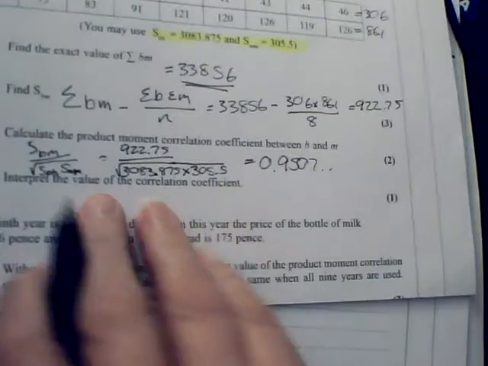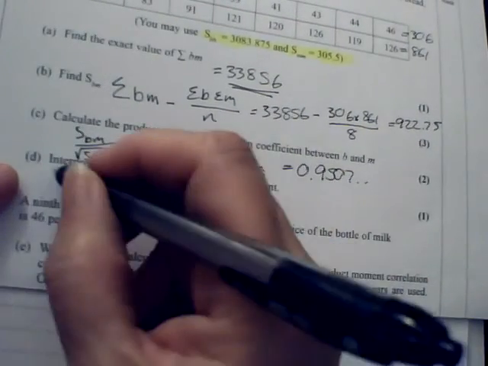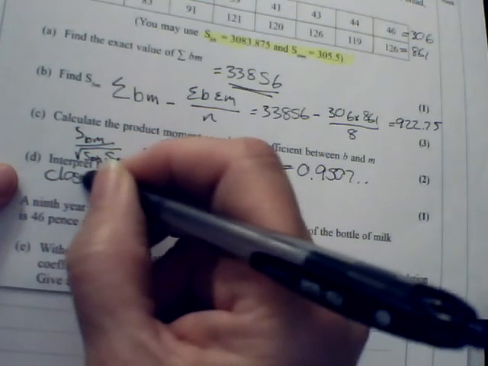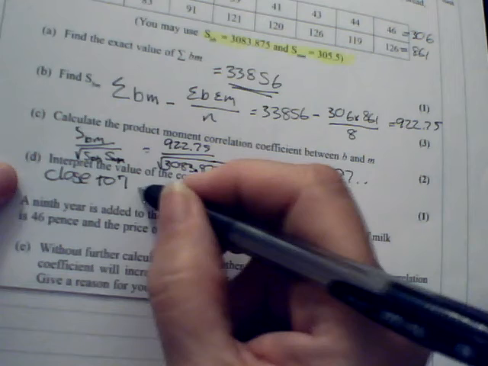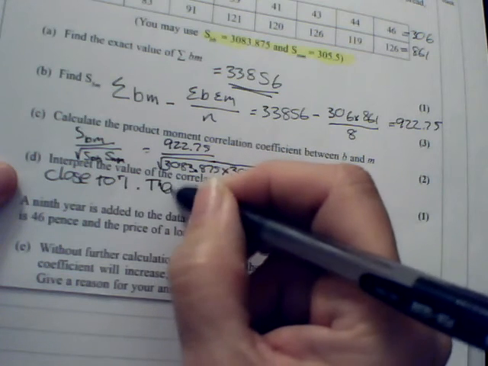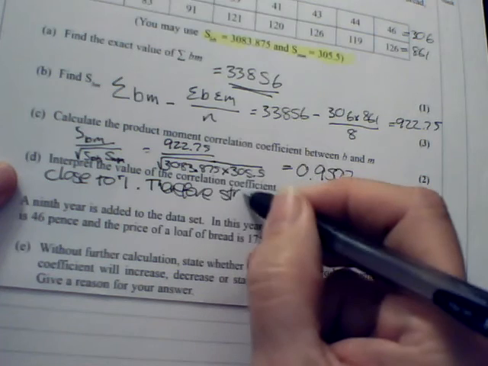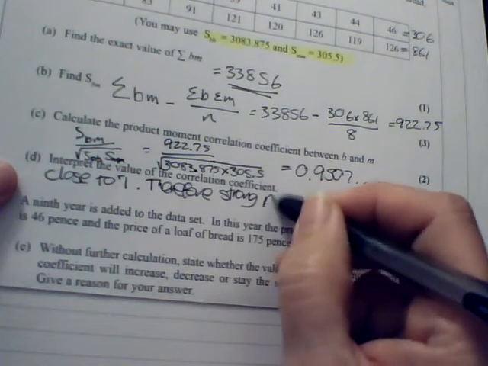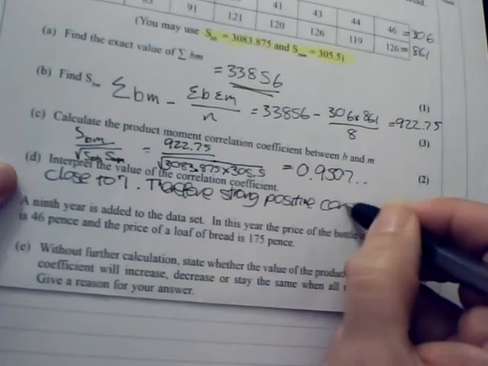And now interpret it. Right, well that's nice and easy, isn't it? Because it's close to 1, close to plus 1. Therefore, quite a strong positive correlation.